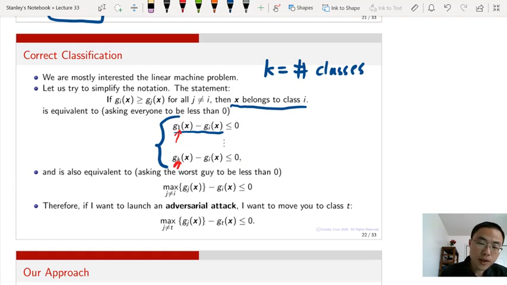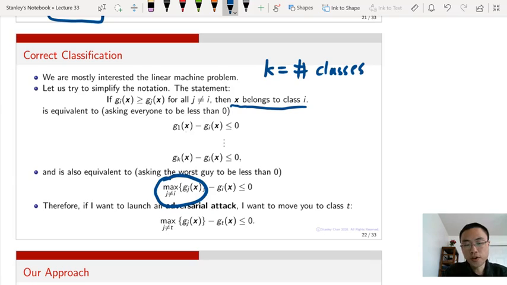If you want this equation to be true for all the k's, then effectively we are asking that the maximum over all the j's is still less than or equal to 0. Why do I want to put a max but not a mean? Because you want to make sure that even the worst case, among all these inequalities, is still less than or equal to 0.